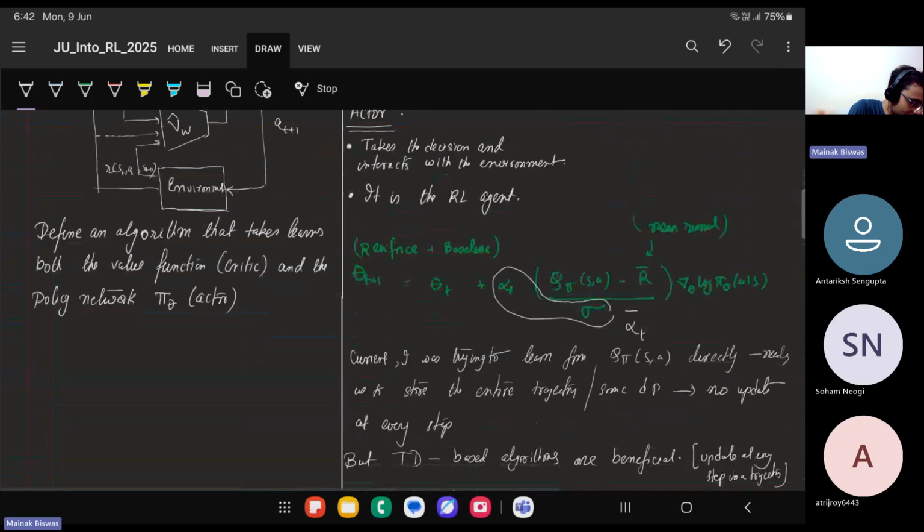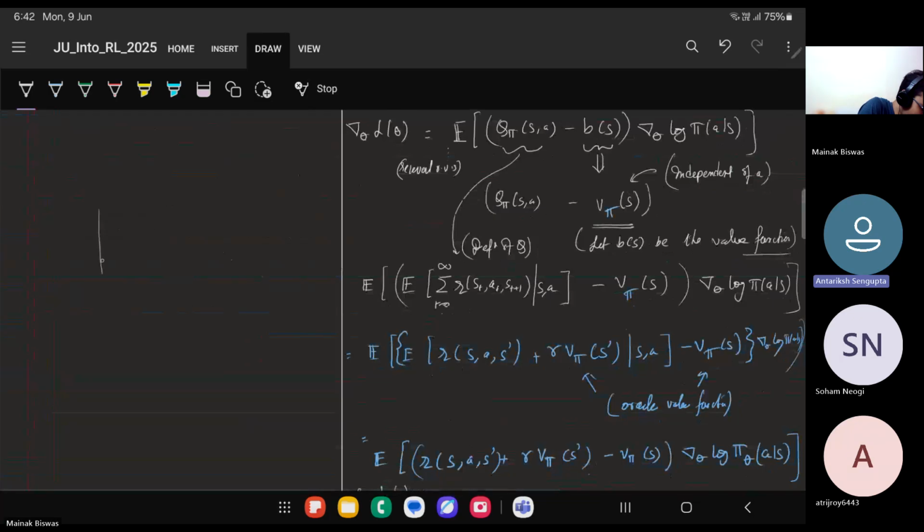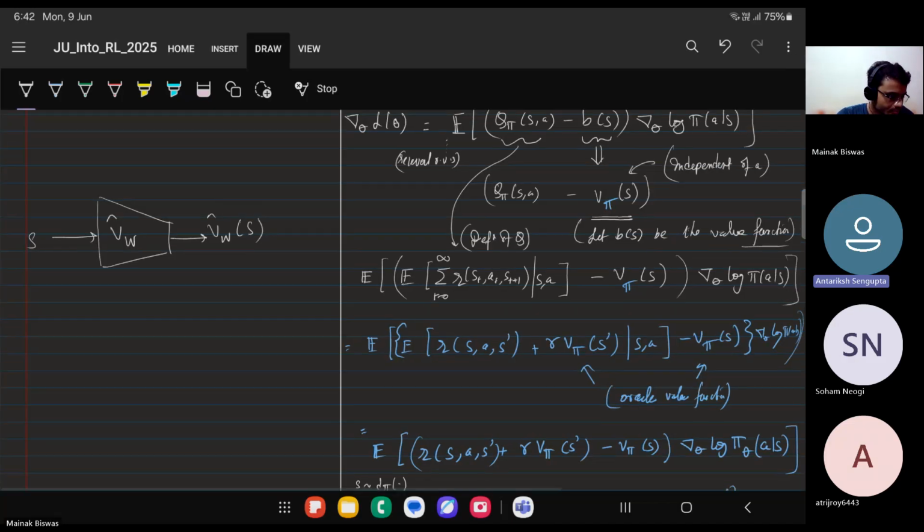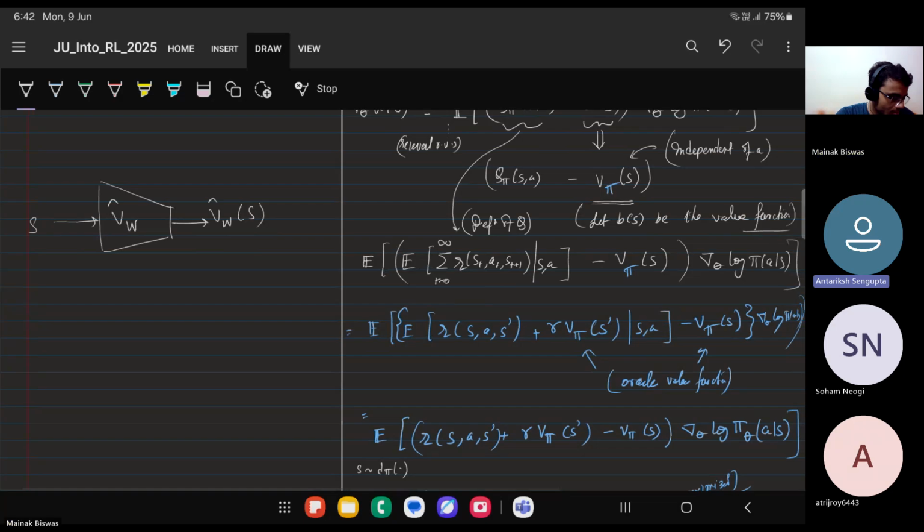From the states we are finding the value function, and from the value function we are finding the probability of the actions, the policy, by backpropagation and everything.